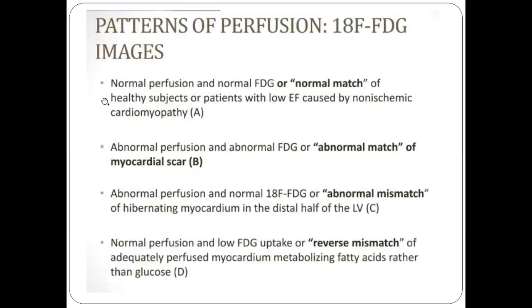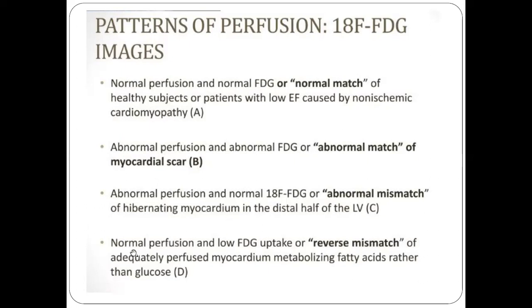Because PET assesses both perfusion as well as metabolic activity, if any myocardium has normal perfusion and normal FDG, it means it is healthy myocardium. If it is abnormal perfusion and abnormal FDG, that means there is presence of myocardial scar. If perfusion is abnormal but there is normal F18 FDG uptake, that is a mismatch, which could be because of hibernating myocardium, where perfusion is defective but the myocardium is still preserved.